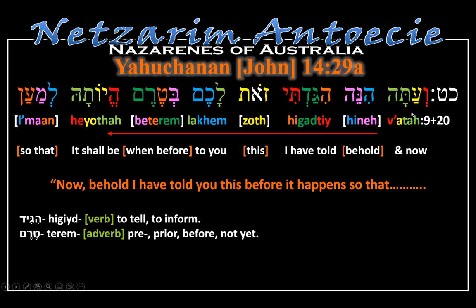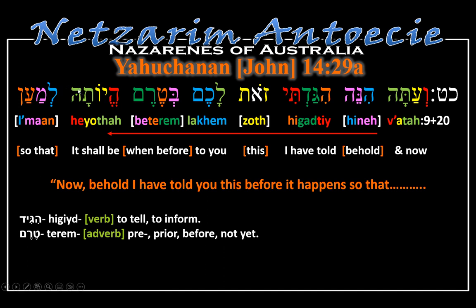V'ata, and now, hine, behold, higadti, I have told, zot, this, lakem, to you, beterem, when or in before. When before is how it's best to probably translate it. Heyota.